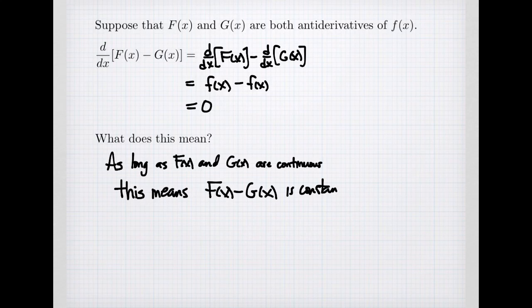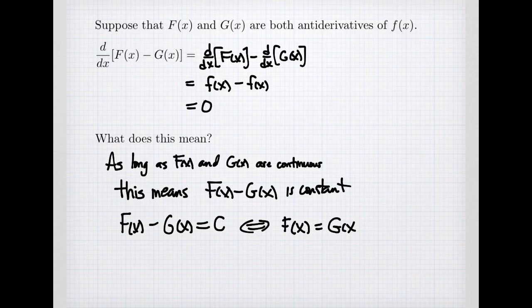That's the only way you can have a derivative of 0 and be continuous. So that means that F of x minus G of x is some constant, or my function F of x is the same as G of x plus some constant. So it turns out the only way to find two antiderivatives is to find one antiderivative and start adding constants.